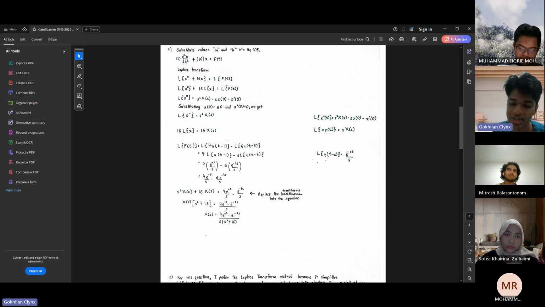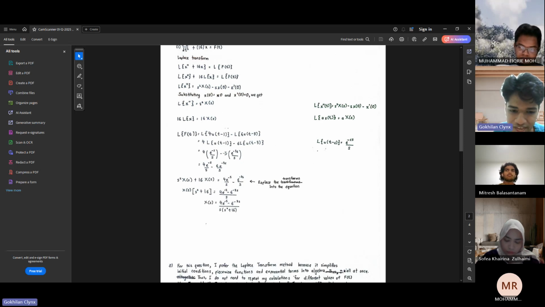So when we transform a unit step function, we get e to the power of negative cs over s, where c is the time, t equal to what time.